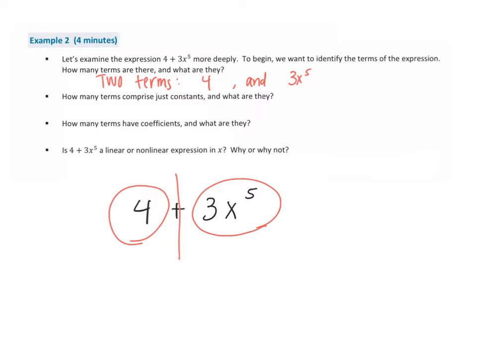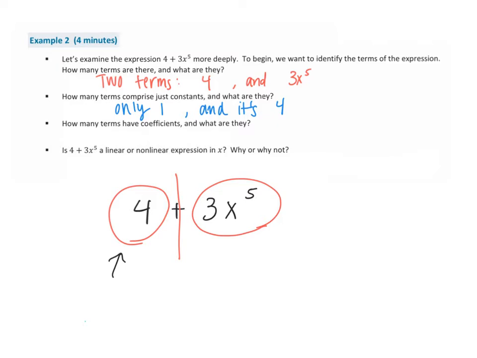The second part of this question says, how many terms comprise just constants and what are they? So the only term that is just a constant is this 4. Okay, so only one, and it's 4. Okay, next it says how many terms have coefficients and what are they?